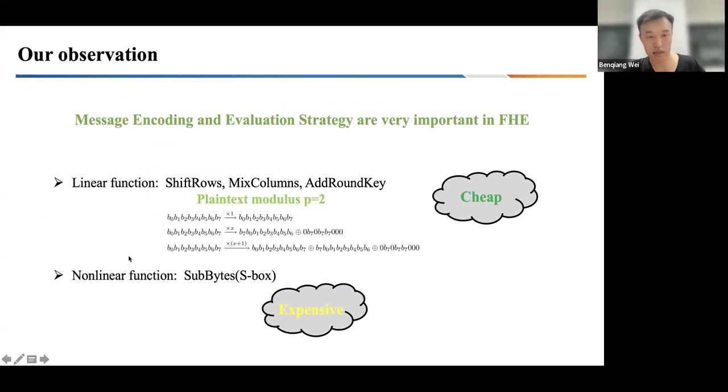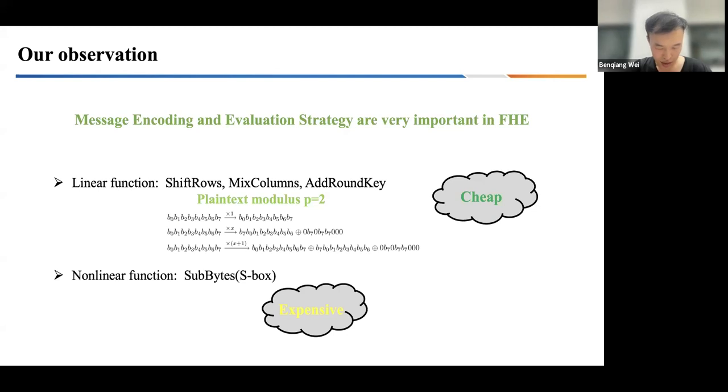So during the homomorphic evaluation of AES, we have some observations. As we all know, message encoding and evaluation strategies are very important in TFHE.